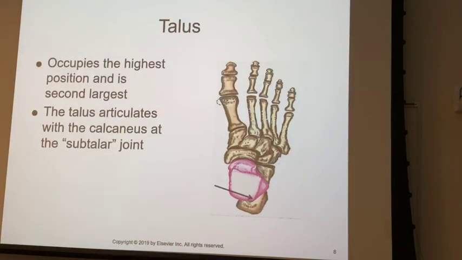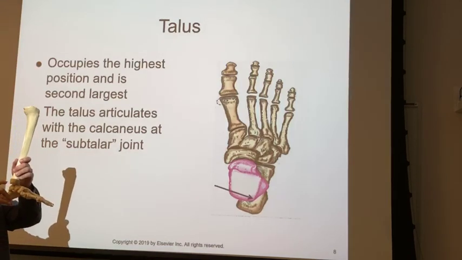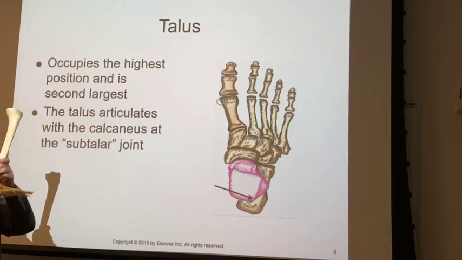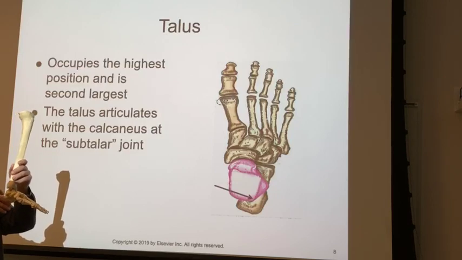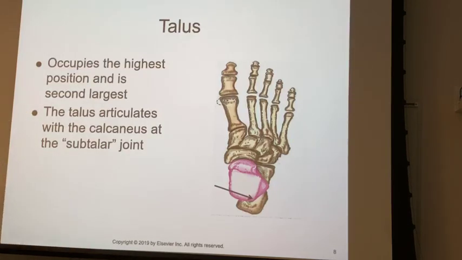So the talus is directly on top of the calcaneus, and the talus is actually what articulates and provides that mainly hinge joint for the ankle joint itself. It's not truly a hinge joint in that it has some adduction and abduction as well, a little bit of other movement besides just pivot.